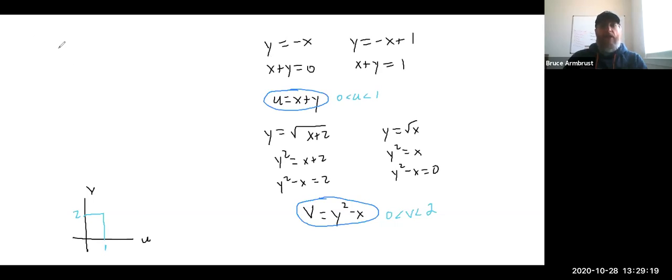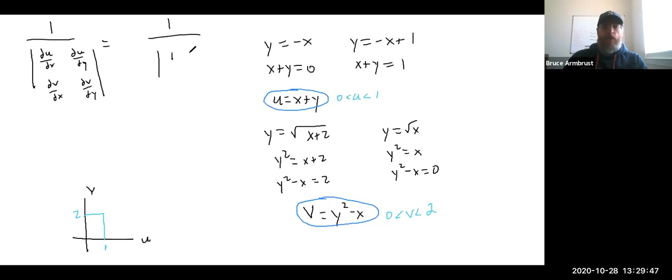So since we've got u equals and v equals, we're going to do 1 over the Jacobian that has the du dx, du dy, dv dx, dv dy. So du dx is 1, du dy is 1, dv dx is minus 1, dv dy is 2y. So this is going to be 1 over 2y plus 1.